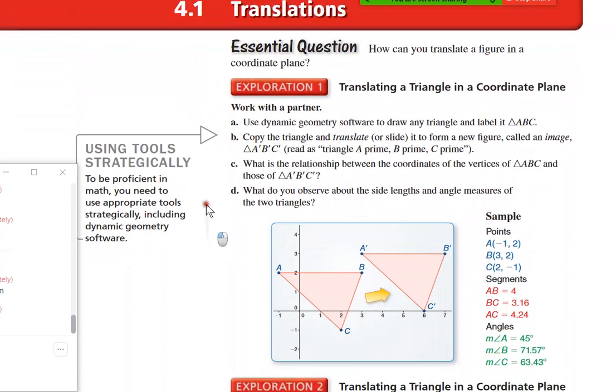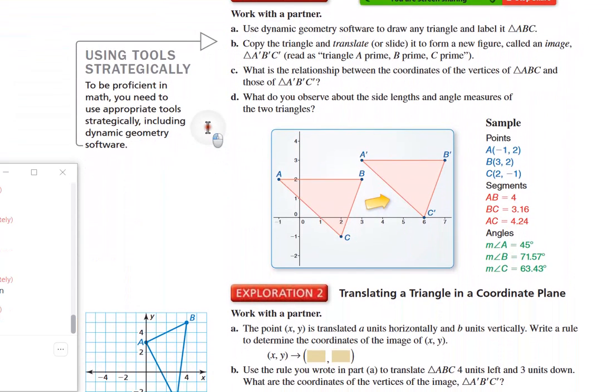Check this out. Let's get a little bit of vocabulary here. See how this says A, and this is A with this little dash. You pronounce this A prime. It's not a 1, it's a little dash. So this is triangle ABC, and this is triangle A prime, B prime, C prime.